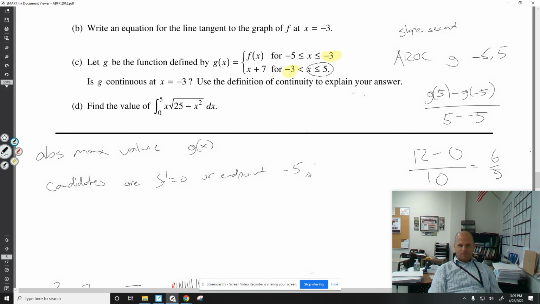All right, so -5 to -3. Or when x plus 7 has a derivative that equals 0, which it doesn't.